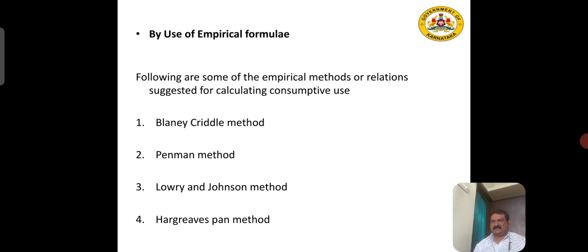We will see in detail how the Blaney-Criddle equation works, what its uses are, and what its constants are in the next session.